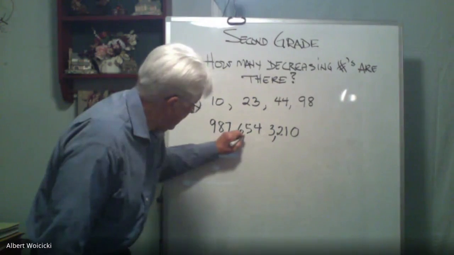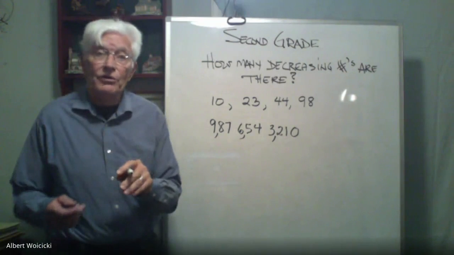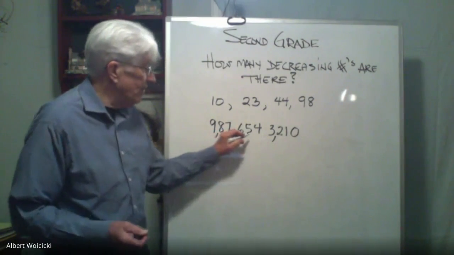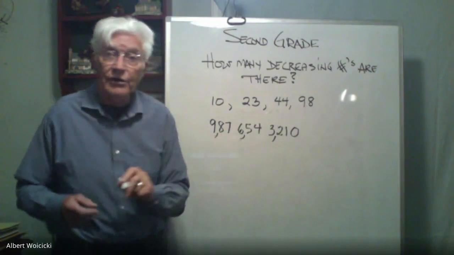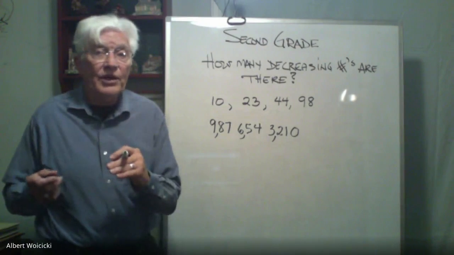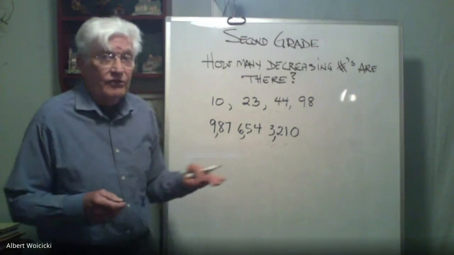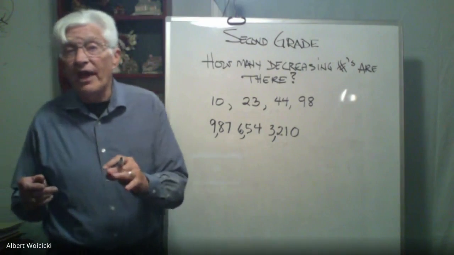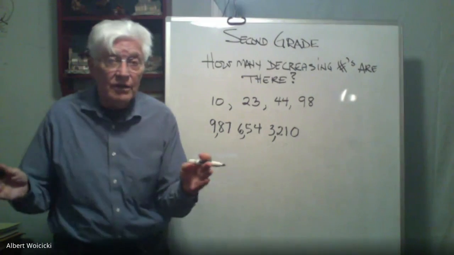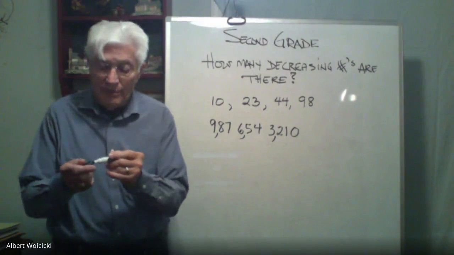So this would be the largest of my possible decreasing numbers: 9,876,543,210, because there's no other digits that we use. So I can't get any bigger than this. So we can't say infinite, because there isn't. So there's a countable number. There's a finite number of them.